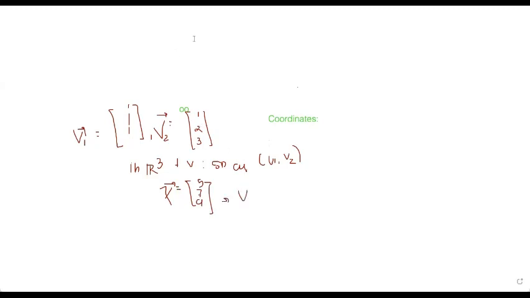Well, the way that we would solve this is pretty easy, because what it's really asking is, do there exist scalars such that x equals c1 v1 plus c2 v2? In other words, is x a linear combination of the vectors?